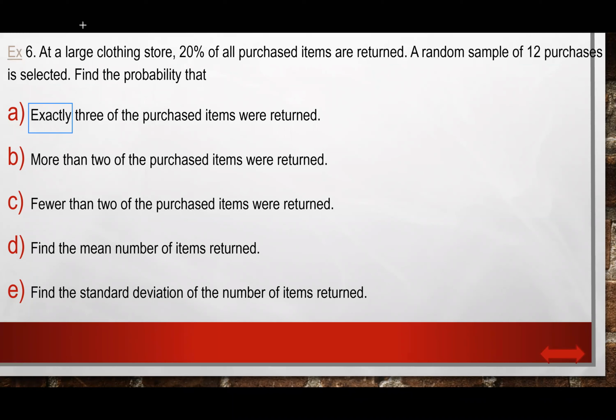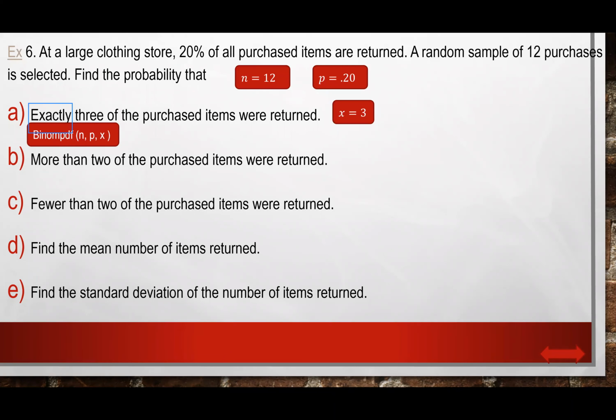How do we do this problem? We need to identify n, which is 12, p, which is 0.2, and x, which is exactly 3. For the binomial PDF, I need n, the total number of items, p, the probability of success, and x.